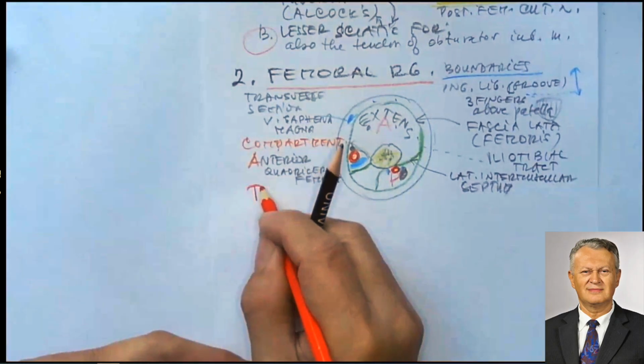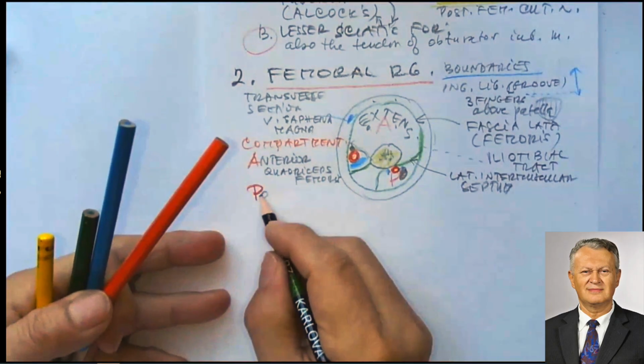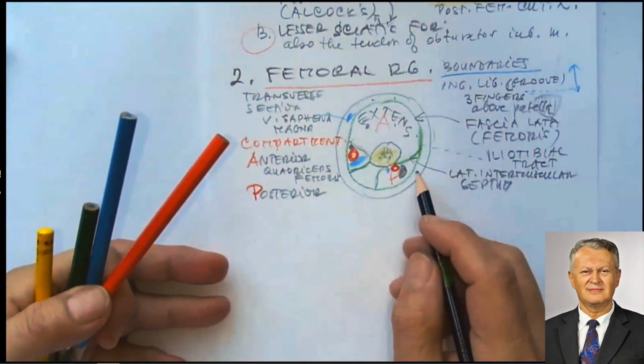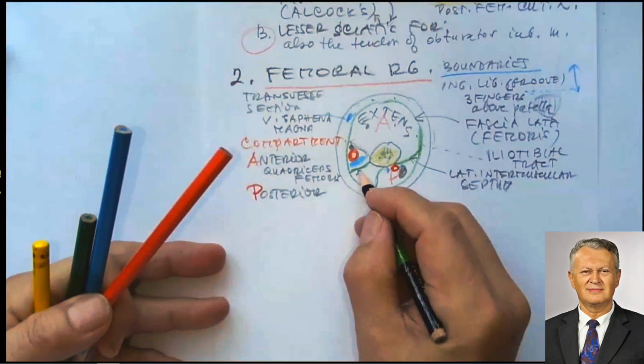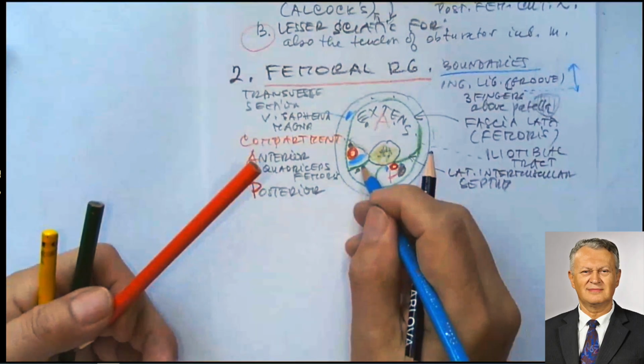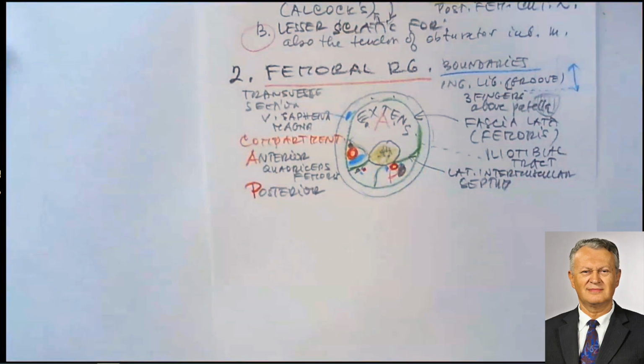B is the posterior, and the posterior compartment contains two subunits, one with the obturator nerve and obturator artery and veins. This is much smaller.